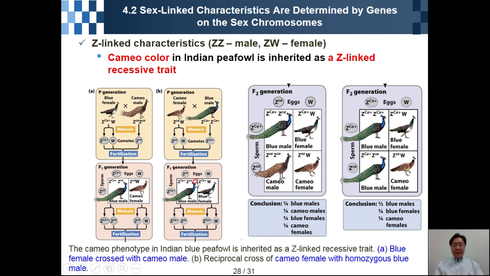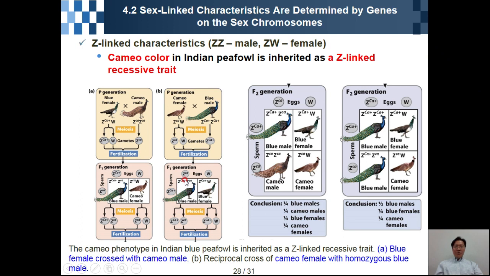So in this square is ZCA plus and ZCA, meaning Z is the male, and the color is blue. How about this one? ZCA plus and W, so it means that the color is blue. So all of the offspring will show the blue color.